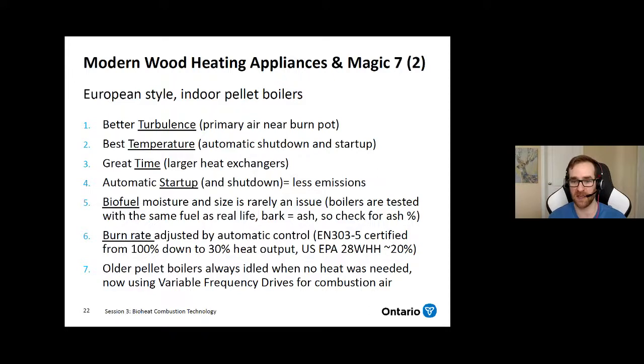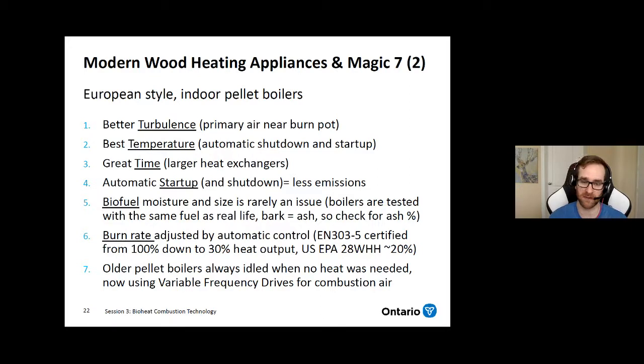If you go check the database for the compliant units for 2020, you do see that there was maybe one unit that was looking to pass, and all the other units are that European style, because it's quite difficult to achieve the emission tests all the way down at 20%.